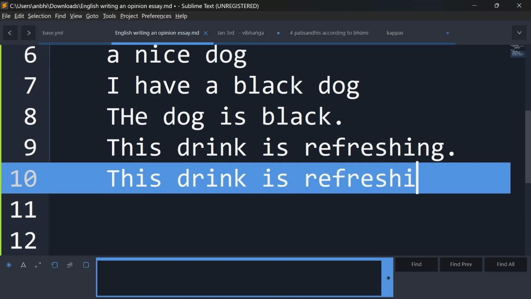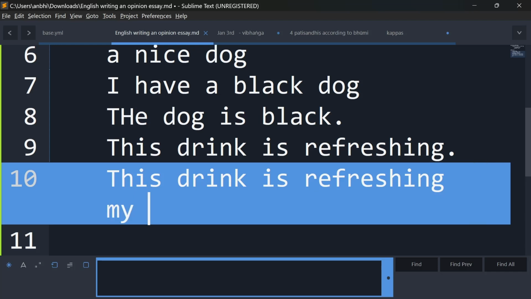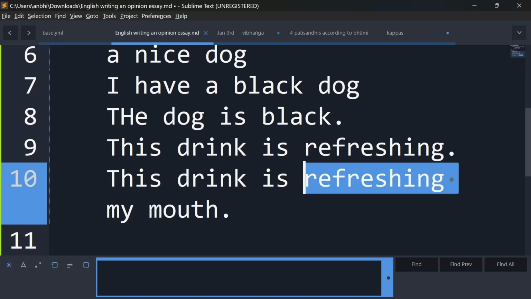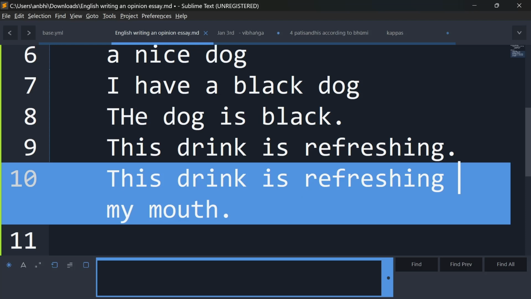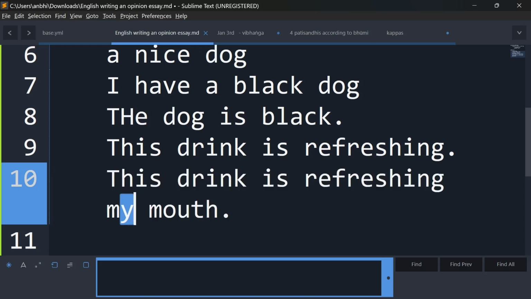For example, this drink is refreshing my mouth. Something like that. You see, now you have an object, so then this is a verb, you see? Because you have my mouth as an object. It's refreshing, it's an active verb.